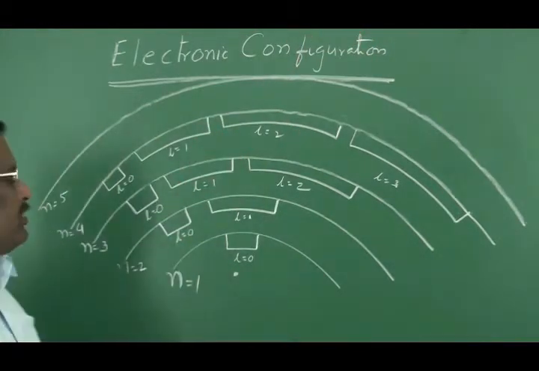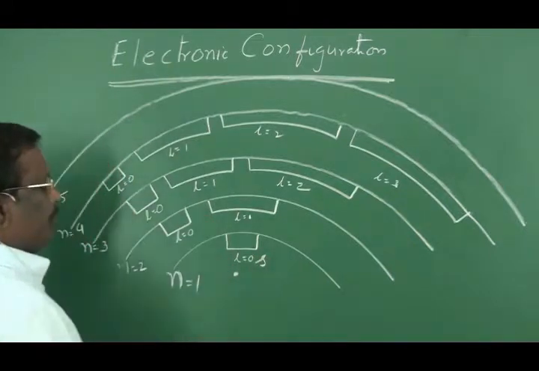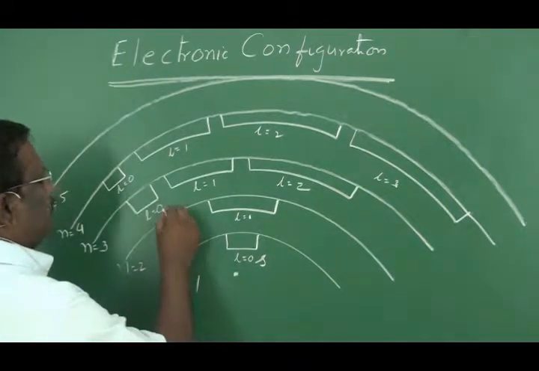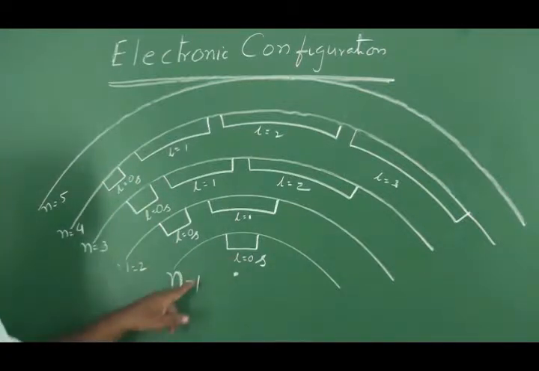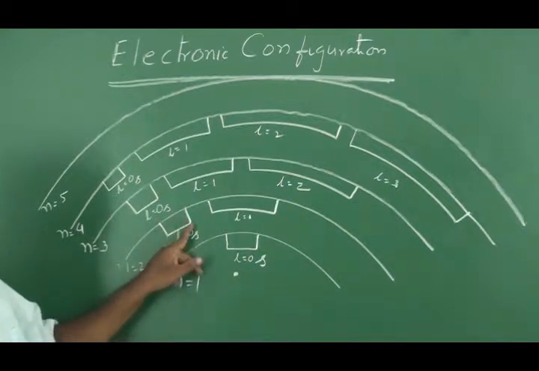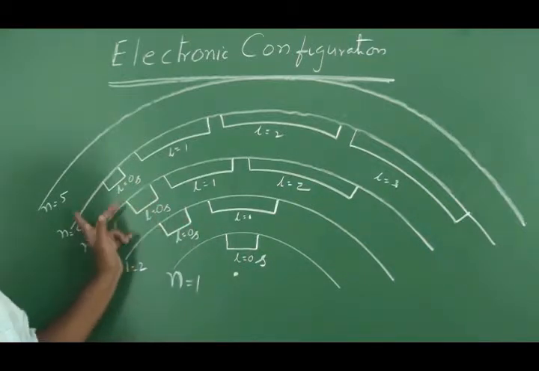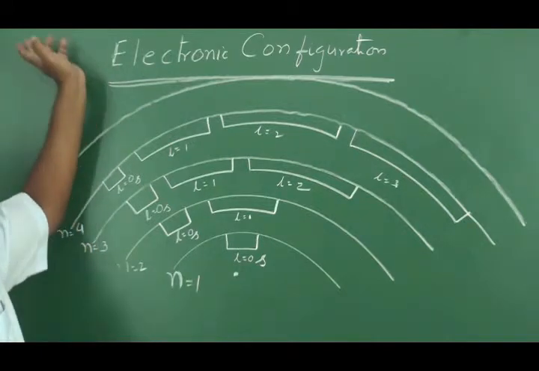When l is equal to 0, it is called the s sub-energy level. Its n value is 1, so we call it 1s, 2s, 3s, 4s, 5s, 6s, 7s, and so on.